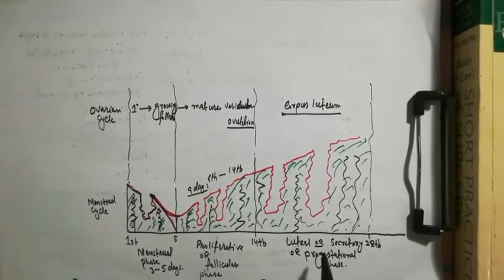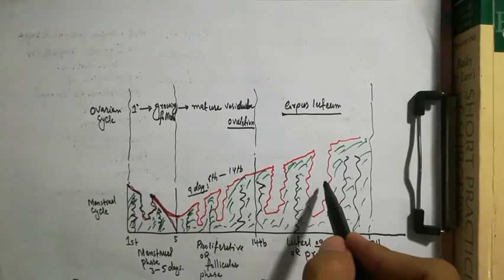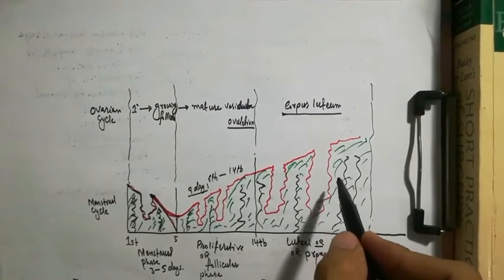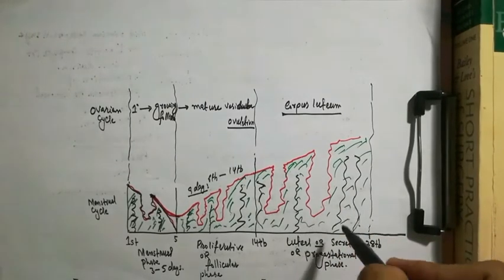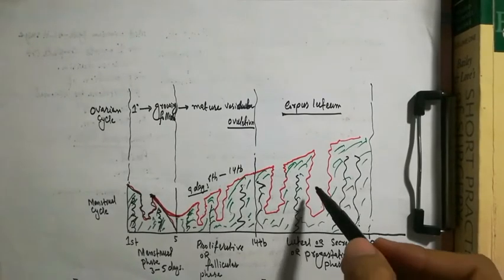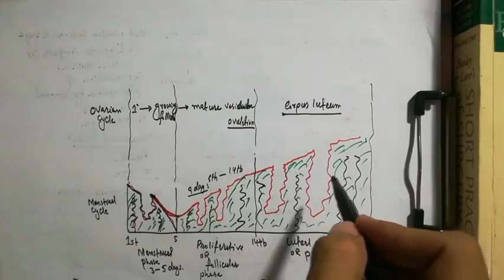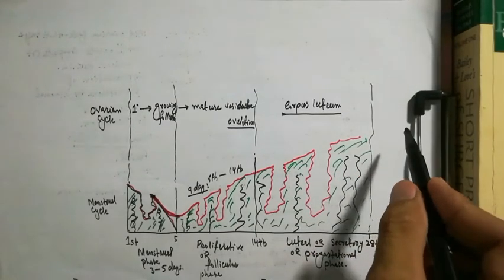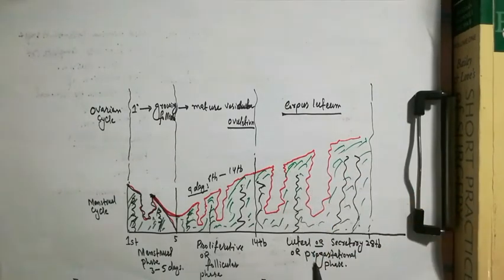Luteal phase is also called secretory phase because during this phase, endometrial glands secrete glycogen-rich substance. And this phase is also called progestational phase because if fertilization occurs, then after this phase implantation and gestation occur.